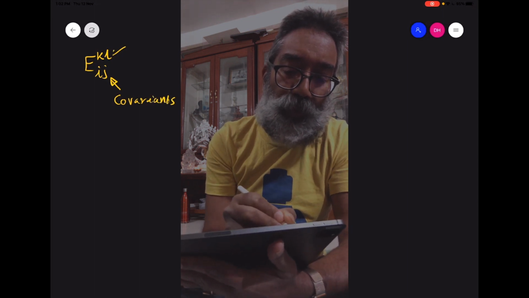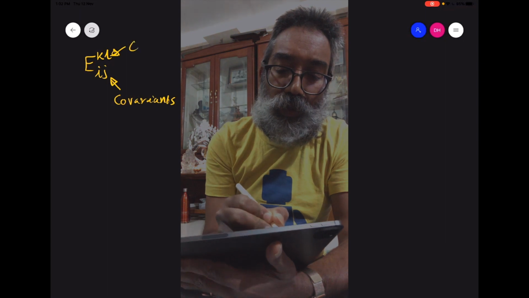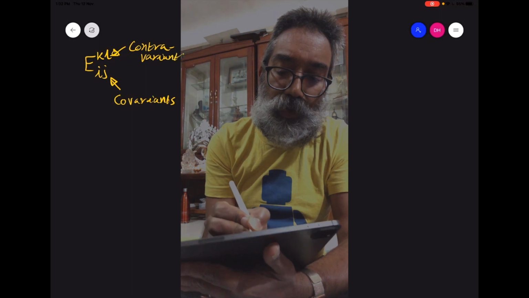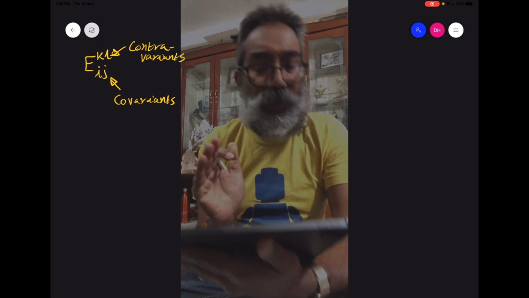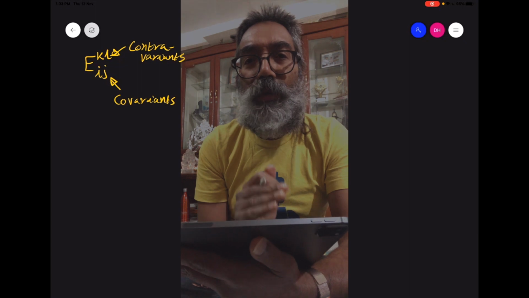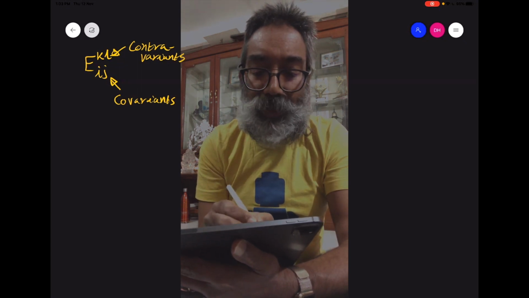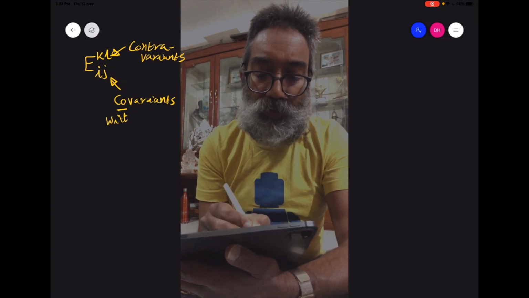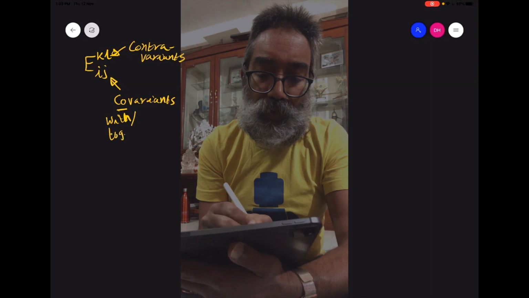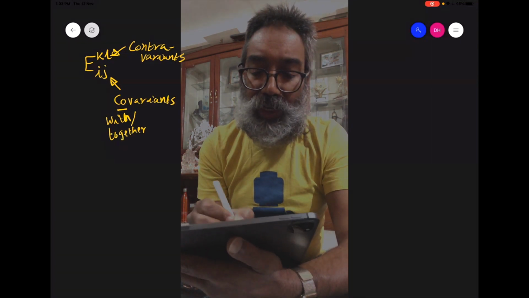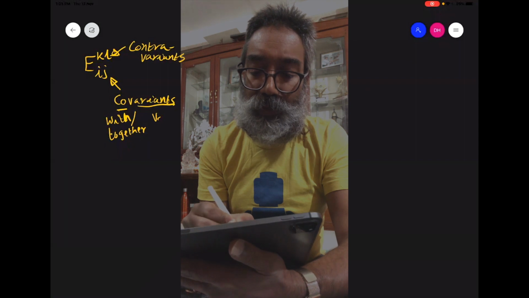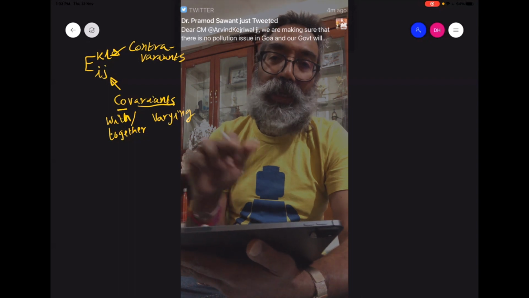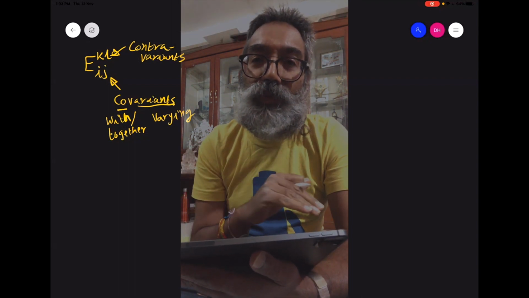And when we are referring to superscripts, we are talking of what are known as contravariants. What does this mean? Very simple. You just go from the meaning of the word itself. What does co mean? Co means with, together. And what does variant mean? It's varying. So it's varying along with something else. So that's basically what we are talking about over here. Something is varying along with.